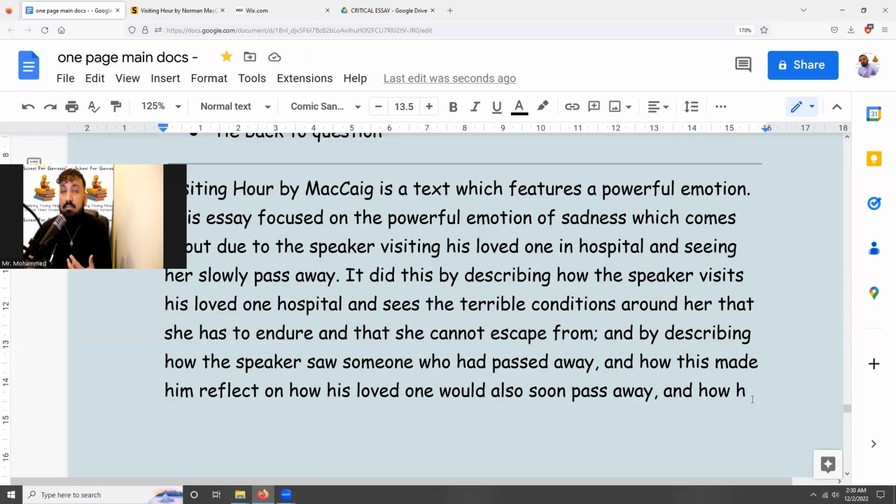When you get to the mastery level, then you can make your sentences, your phrases, all these things more complicated. But until you actually master the language and master the technique, you want to keep it simple. Okay, keep it simple. So his loved one would also soon pass away, and now he had no ability to stop that from happening.